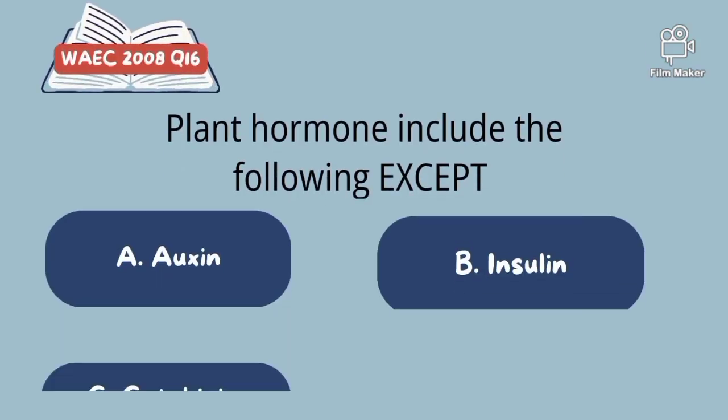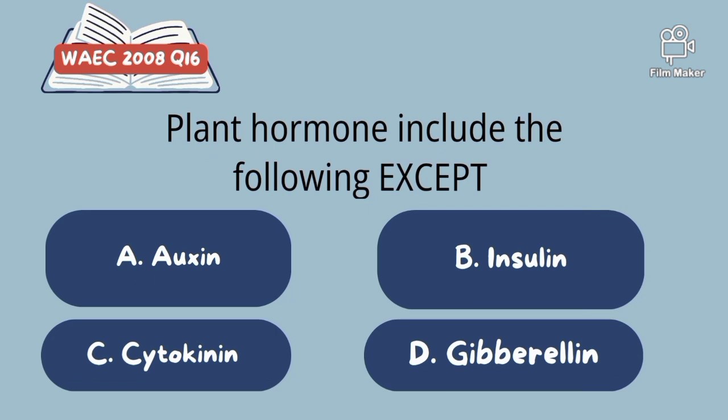Next question is question 16 from 2008. Plant hormones include the following except: A. Auxin, B. Insulin, C. Cytokinins, and D. Gibberellin. What do you think is the answer?